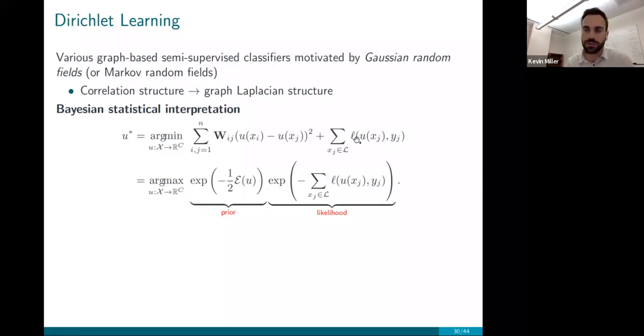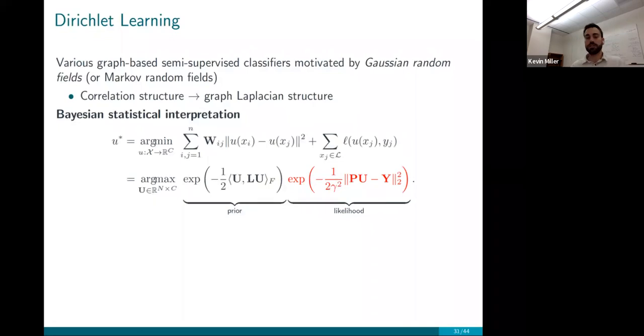But this loss function encourages node function outputs to be close to the labels that we've seen. So I could view the minimizer of this objective function, assuming that it's all convex, as the MAP estimator of a corresponding posterior distribution that factors into a prior that corresponds to the graph Dirichlet energy term and a likelihood that corresponds to the loss term here.